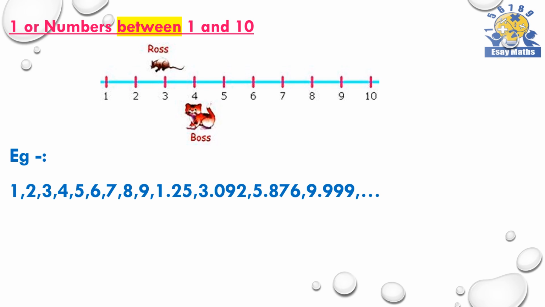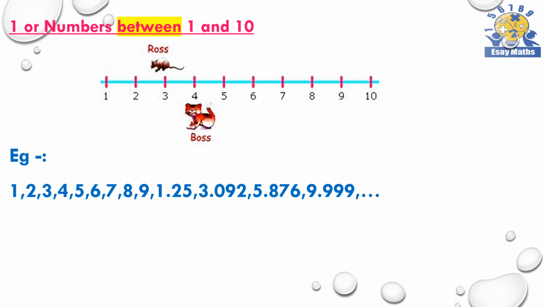Then it may be 1.5, 1.25, 8.71, 5.01, 9.98, 9.27 and so on.